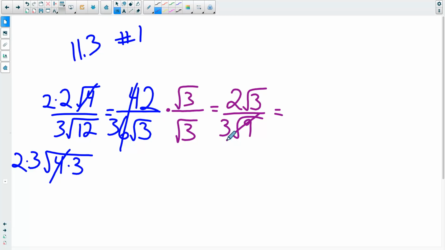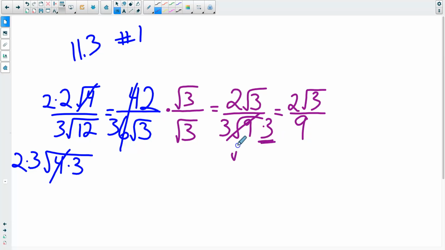So I can cross that square root of 9 out and just make it times 3. That's going to leave you with 2 square roots of 3 divided by 9. So I get to cross off the 9 because we know the square root of 9. Right? That's where this 3 comes from.